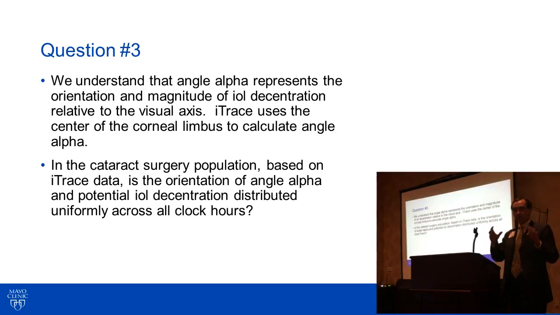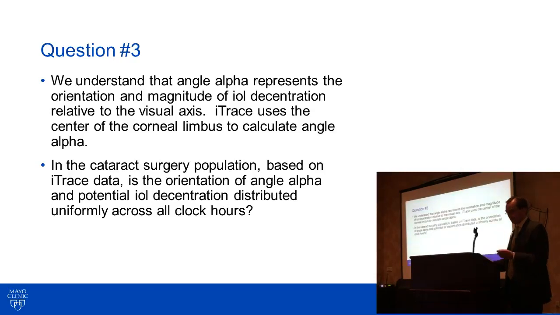The iTrace measures the center of the cornea, limbus to limbus, and uses that as a proxy for the center of the IOL. If you accept that that's accurate, then the question is about the orientation of this angle alpha and potential IOL decentration relative to the visual axis: is this evenly distributed across all clock hours, or is there a preference? Any thoughts or ideas?